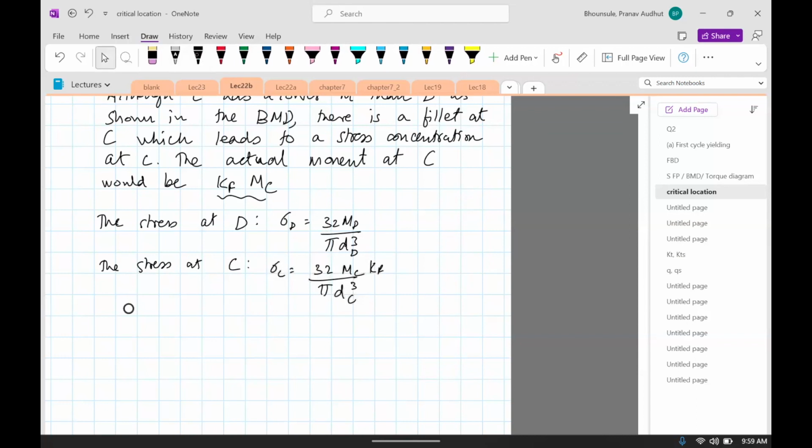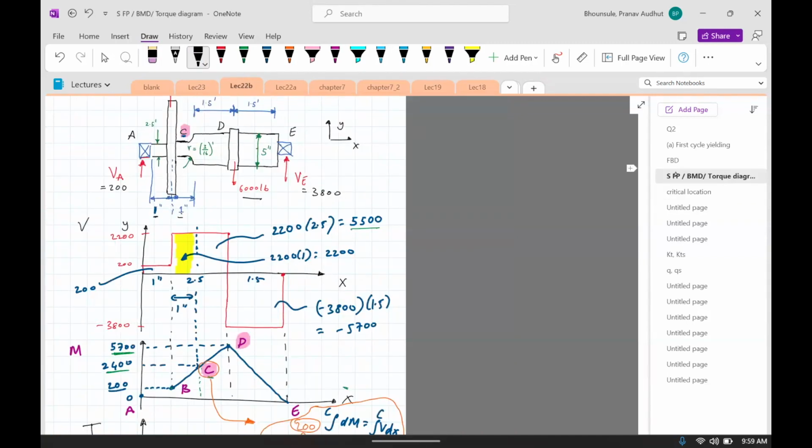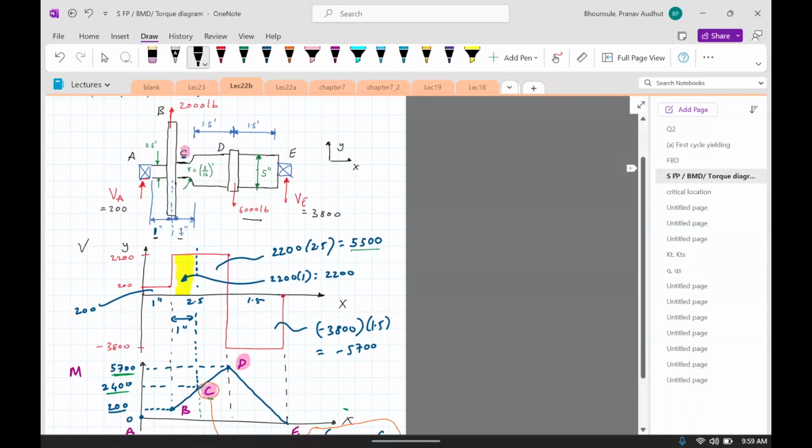Okay, so what happens is when you compute Kf and then put in the diameter at C, which is smaller than the diameter at D, you can see here the diameter at C is 2.5 inches, versus the diameter at capital D is 5 inches. So the stress, just because of the diameter, since it's proportional to d cubed, will be 8 times higher, because it's 2.5 versus 5.